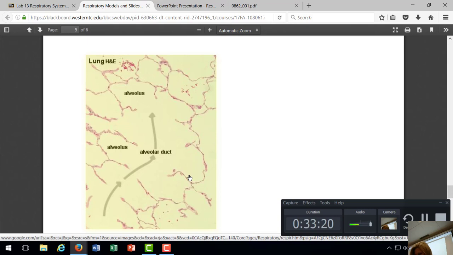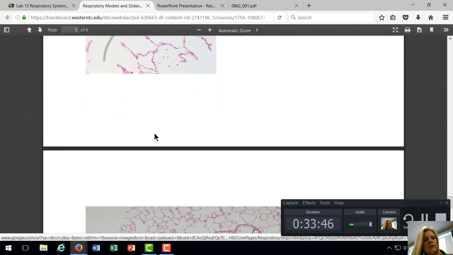Or we could ask, name the specific structure at the arrow, which is where the pointer is, then it would be alveolus. Or if it's in this region where it's not surrounded by tissue, but it's more of a passageway, then it's alveolar duct. So this is the lung microscopic view of that tissue.